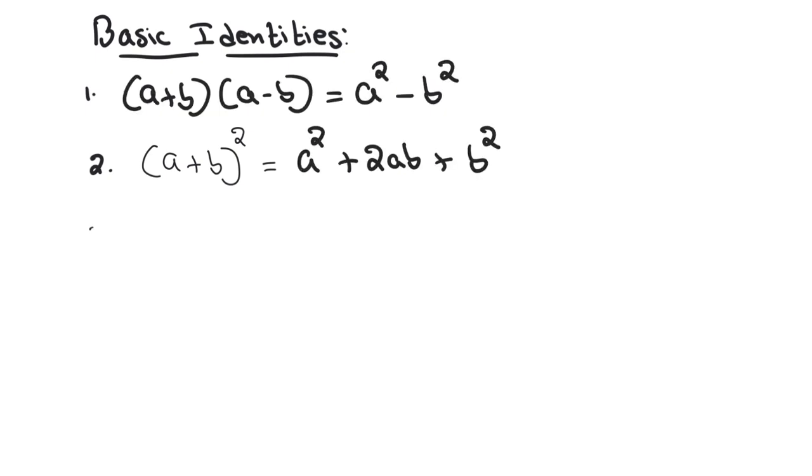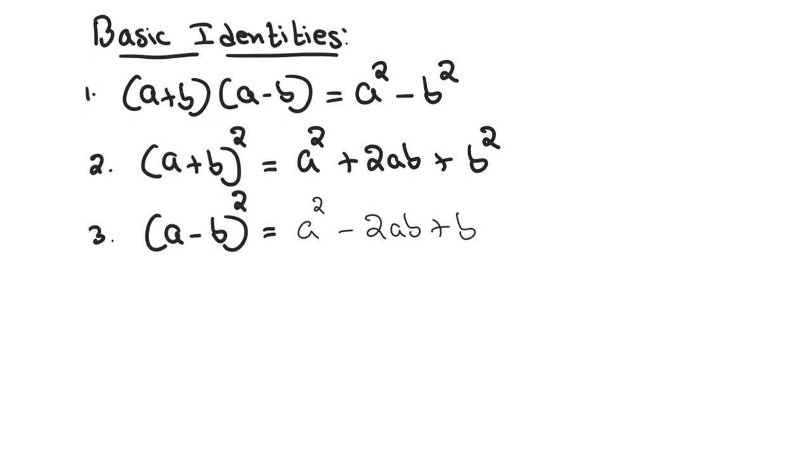What is the identity A minus B the whole squared? It is A squared minus 2AB plus B squared. So these are the three main identities that you must know in order to solve some of the basic algebra simplification problems. So let us now understand how do you rationalize the denominator.